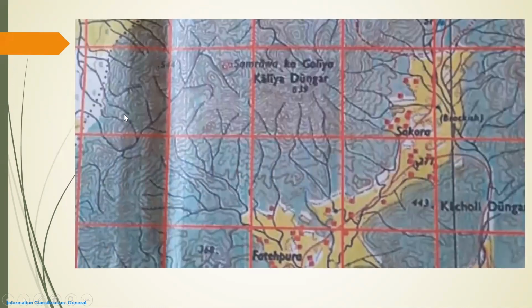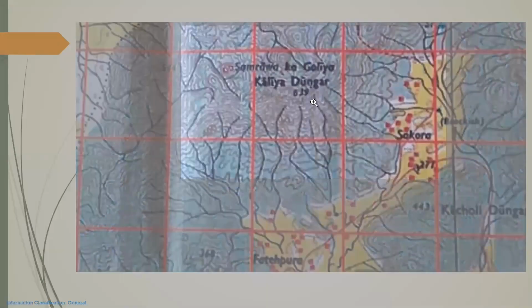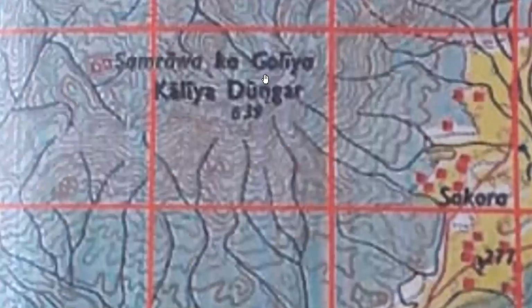So let us see one important, real figure in a topographical sheet. Here you can see the radial drainage pattern. See here, there is a spot height, it's mentioned 639. It's like a spoke, it's going outward in all four directions. And you can see the enormous presence of contour lines here.